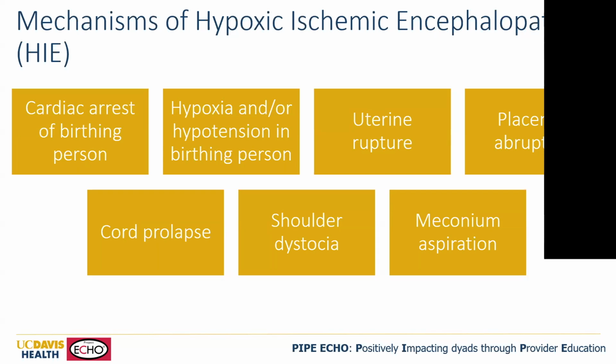Uterine rupture. We just had a talk recently about uterine window and all sorts of other placental issues. Placental abruption, as was the case in the case that Sharon presented. Cord prolapse is one of the common things that we see as well. Shoulder dystocia, and then meconium aspiration.